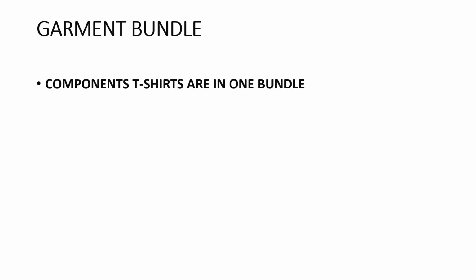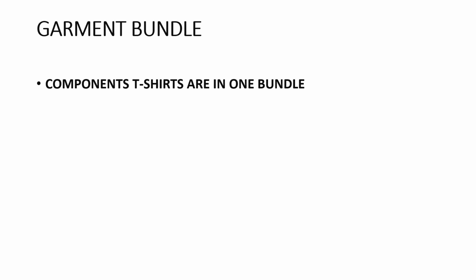Now let us see in more detail what a garment bundle is. It is nothing but the components of different garment items being kept in one bundle. Because if we keep different components of a particular garment in different bundles, it is difficult to locate them at the time of the sewing operation.